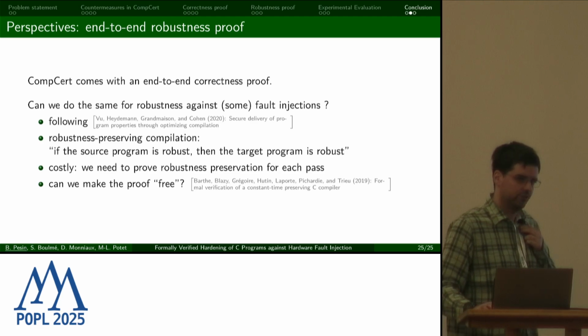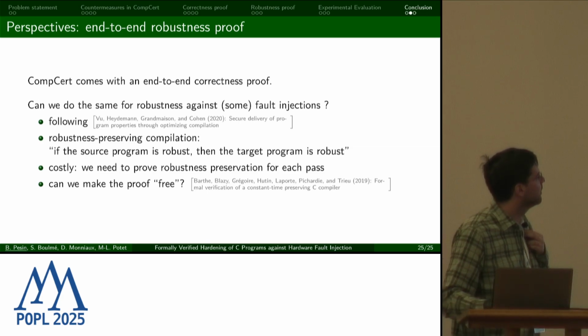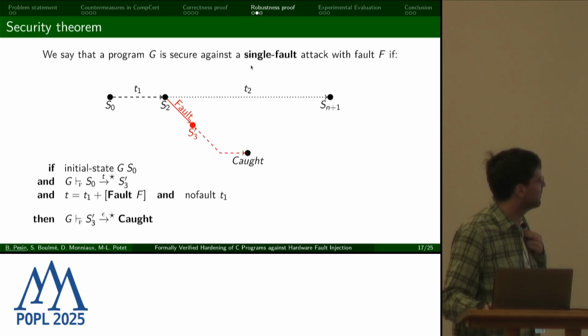No, I didn't, because we didn't give a specification. That's the implied question in your question. We didn't give a specification of multi-fault attacks. Our robustness theorem here only works for single fault attacks.